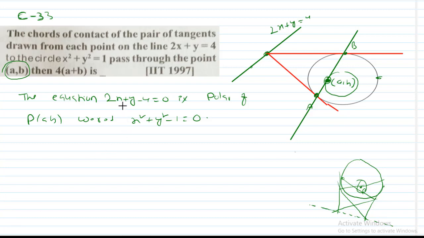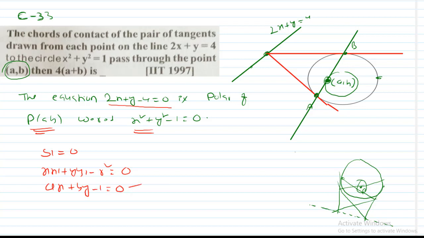First of all, I want to find the polar equation without using this; afterwards, I will compare with 2x plus y minus 4 equal to 0. The polar of this point with respect to this circle is nothing but S1 equal to 0. S1 means x x1 plus y y1 minus r square equal to 0. That means ax plus by minus 1 equal to 0. This is the polar equation.